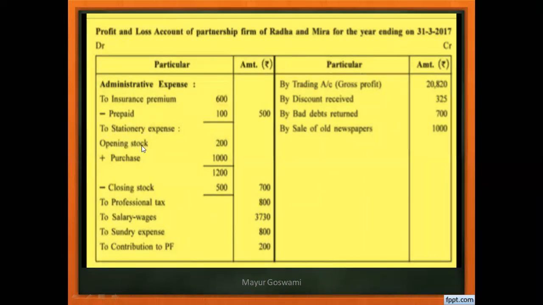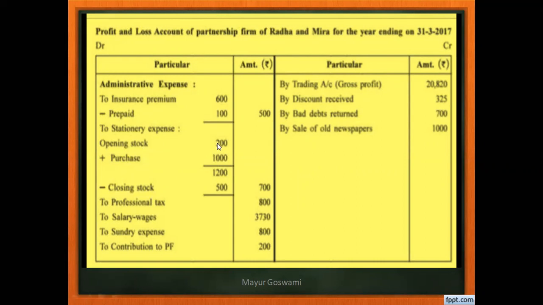Opening stock plus purchase, after one space less closing stock. So here opening stock of stationery is given, right?